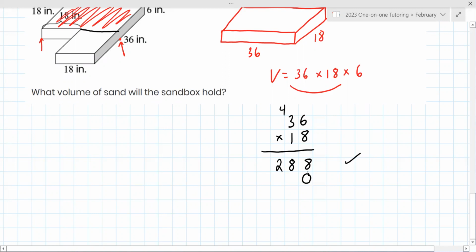You have to put a 0 here and then a 1 times the 6. You have to multiply this 1 times each of these digits. 1 times 6 is 6. 1 times 3 is 3. And then you have to add these together.